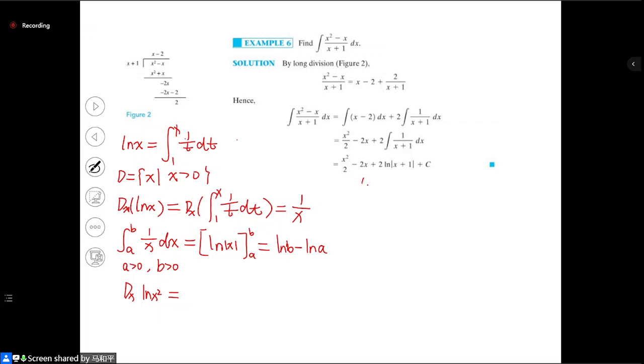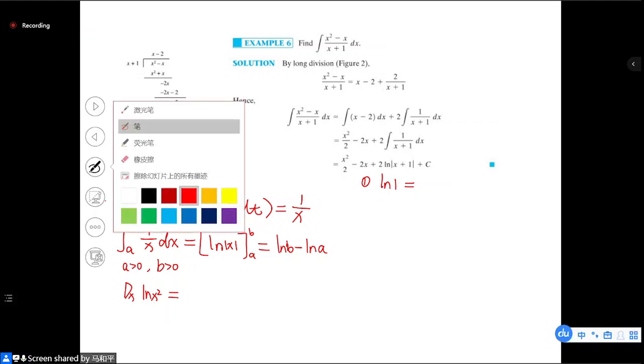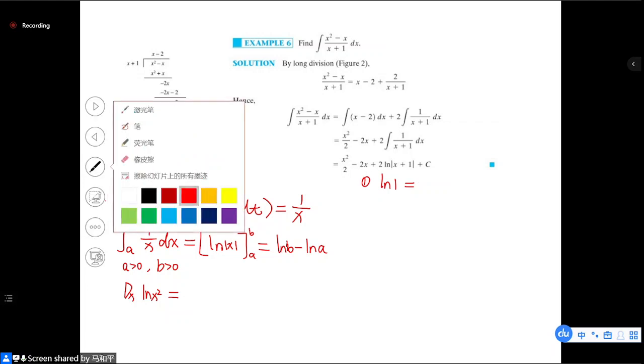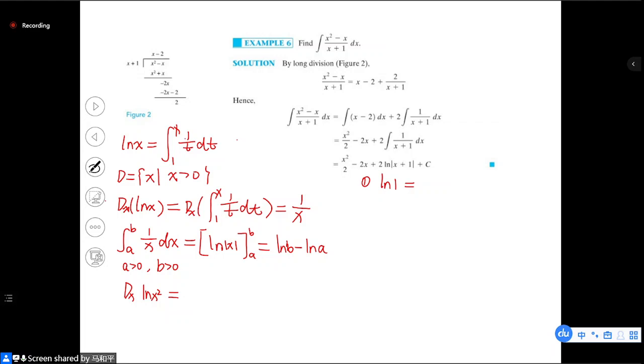The first property: ln 1 is equal to, please tell me, ln 1 is equal to 0, right? ln 1 is equal to 0.